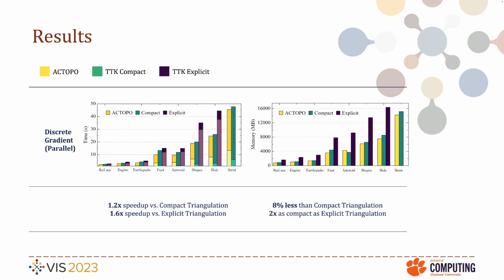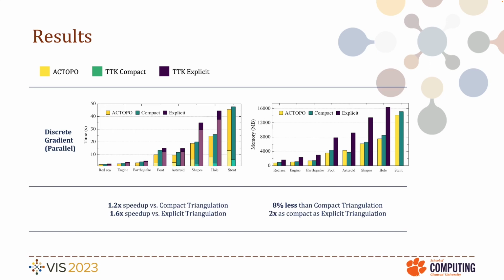Here we show the results of running the parallel discrete gradient algorithm with different data structures. For the time chart, the bottom bar shows the time for preprocessing, and the top bar shows the time for algorithm execution. As we can see, the dynamic data structure spends less time on preprocessing, but more time on algorithm execution. Overall, OCTOPUS is both the fastest and the most compact data structure compared with the other two.